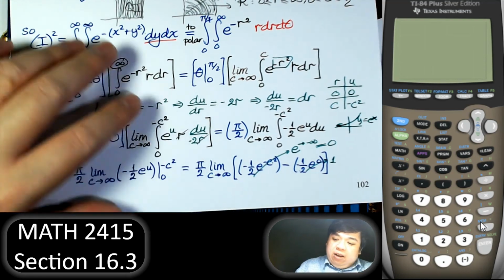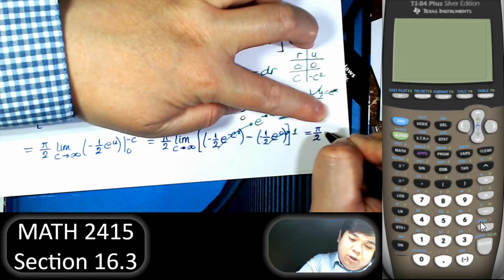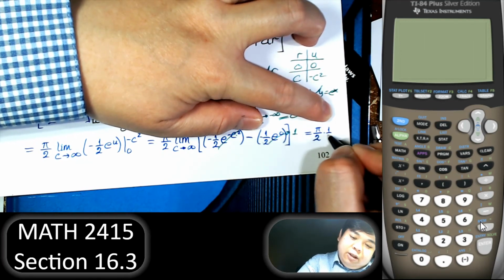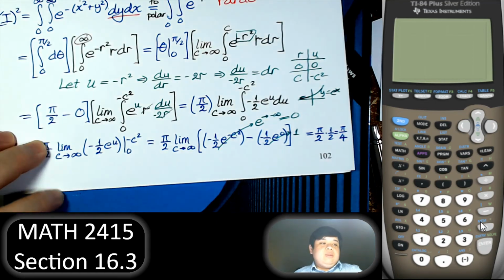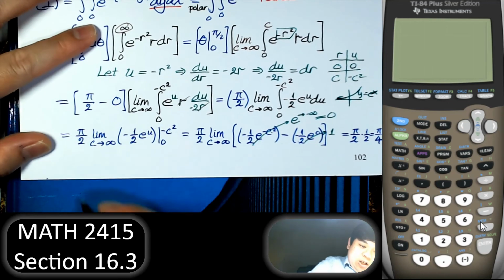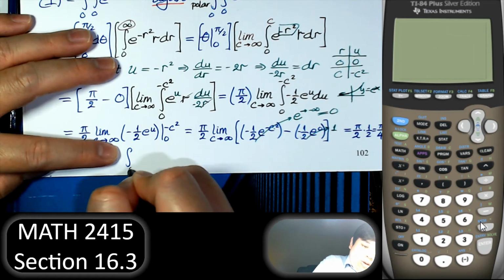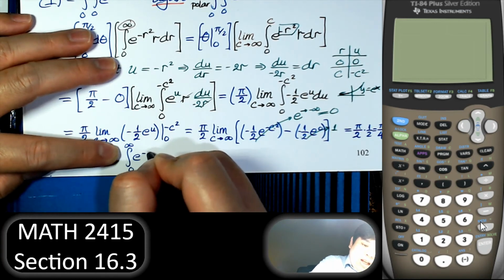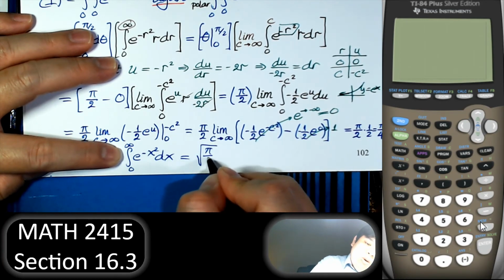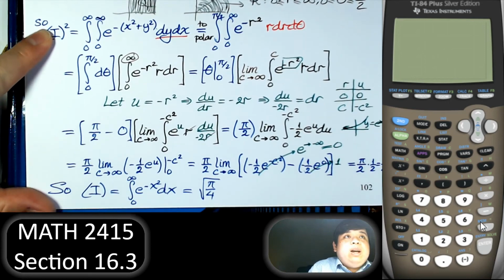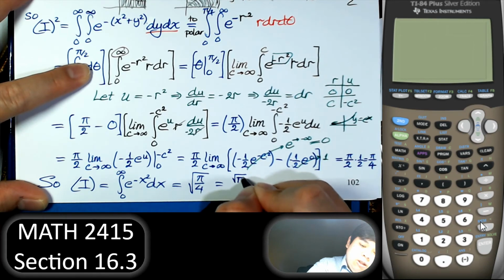So with the negative 1/2, we will have pi over 2 times 1/2, which is pi over 4. And finally, that is I squared. So finally, I, the integral from 0 to infinity of e to negative x squared dx, is equal to the square root of pi over 4, because what we calculated was I squared. Now we have to take the square root back, and that gives us square root of pi over 2.